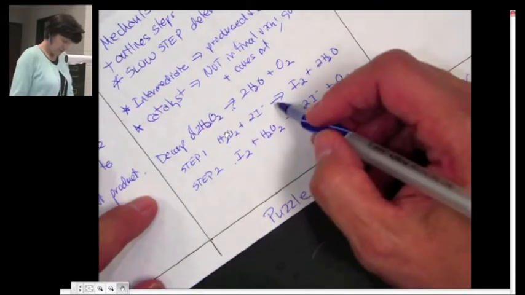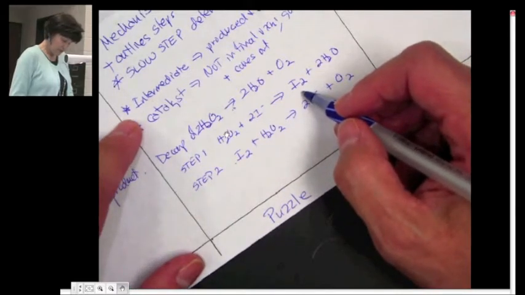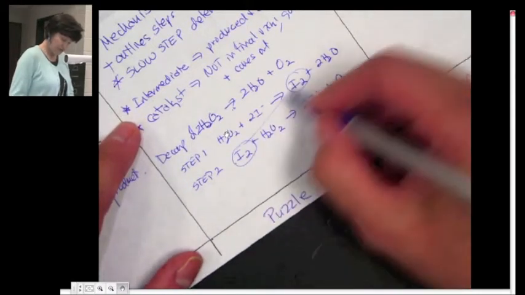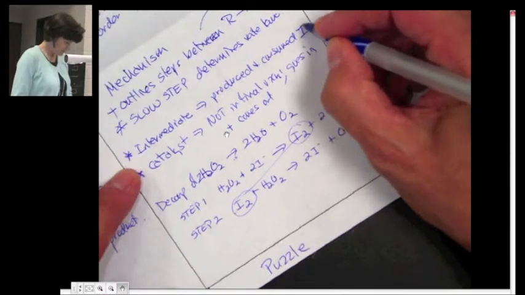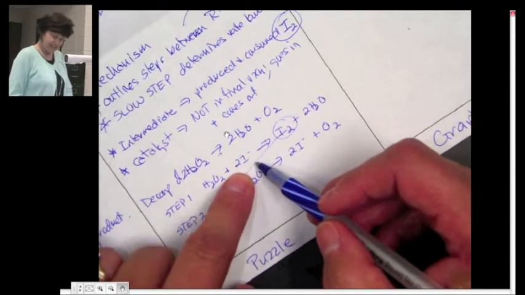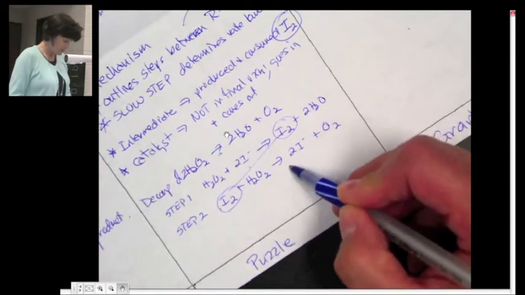Because the iodine molecule is produced and consumed, it is an intermediate. All right. Because the iodide ion is not in the final reaction, it goes in and comes out, it is a catalyst.